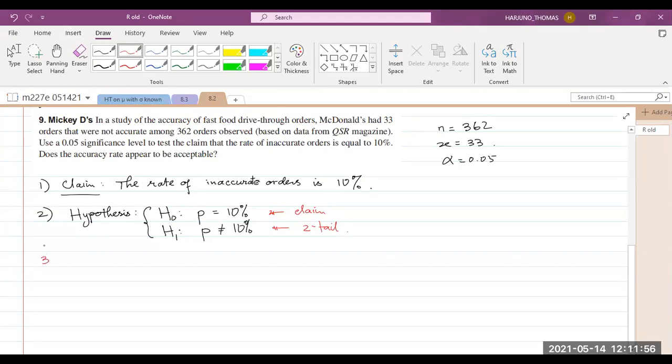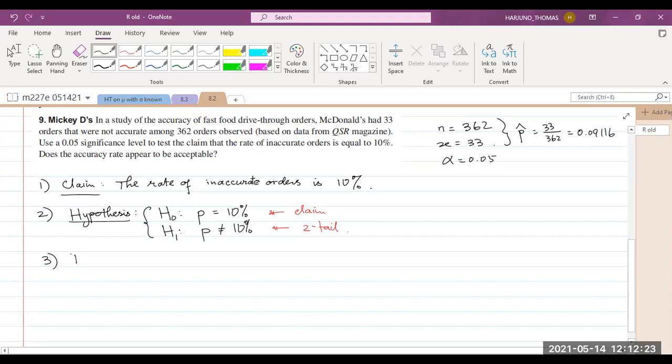Okay, step 3, I need the P hat. What is P hat? So go back to the drawing board. P hat equals 33 over 362. That is 0.09116.